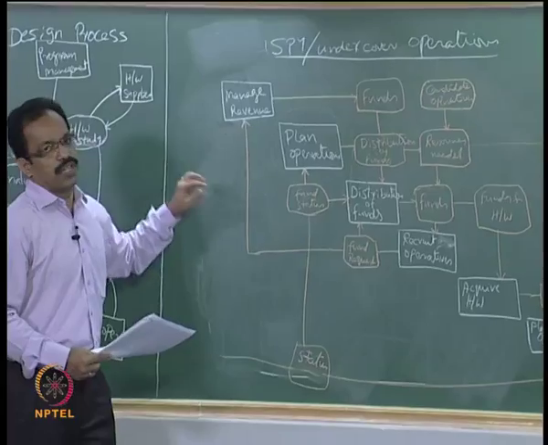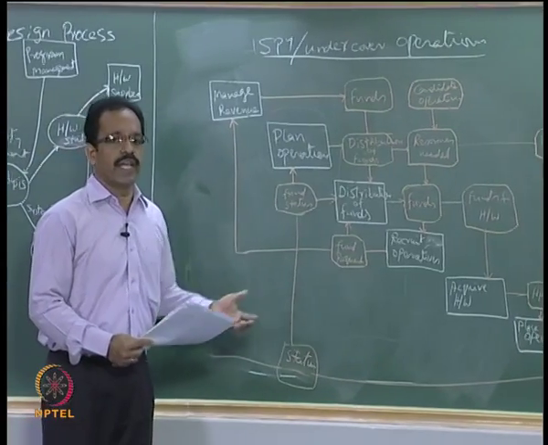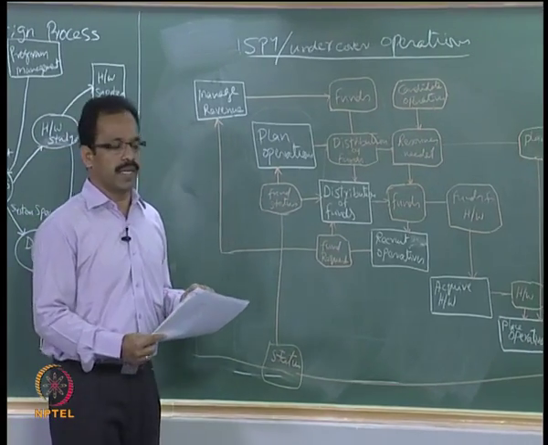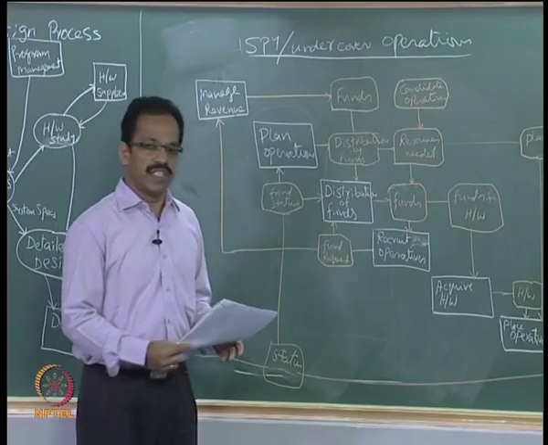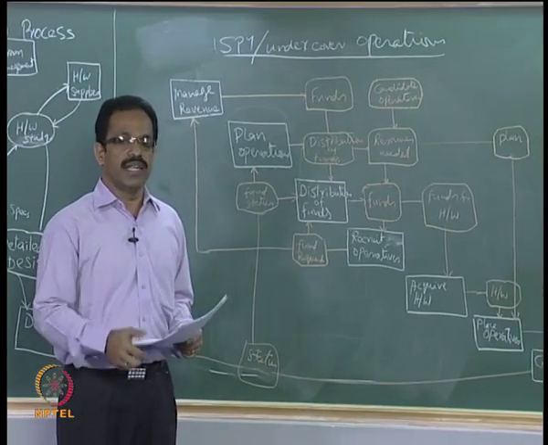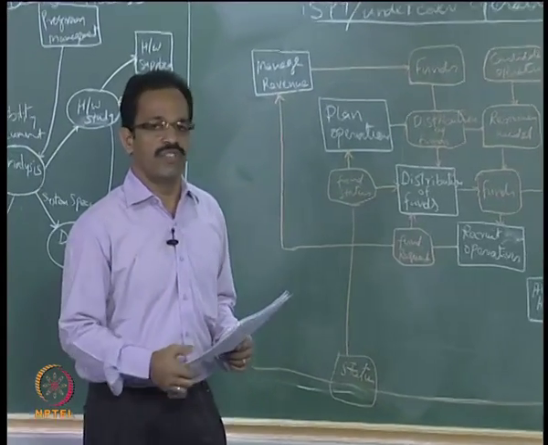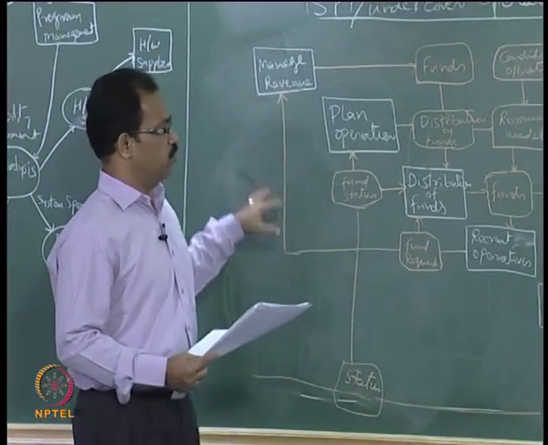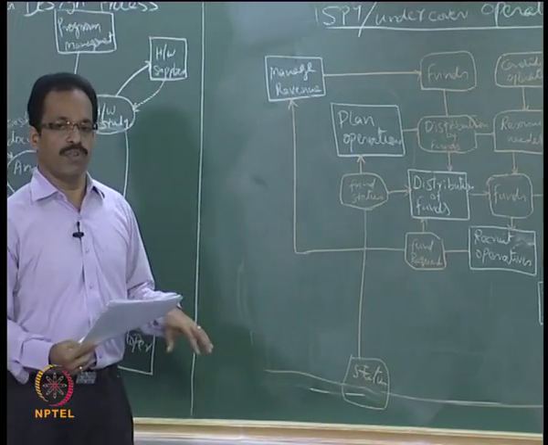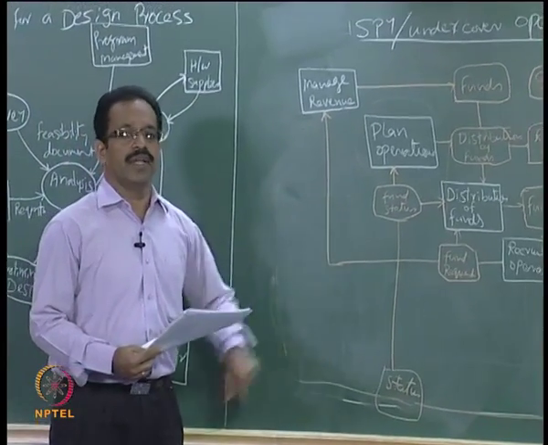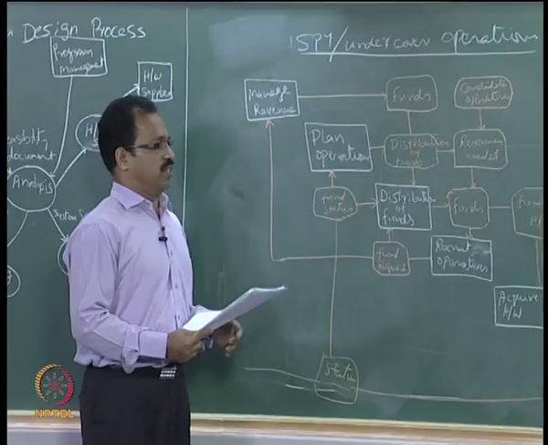So this actually shows the way how N2 diagrams can be used for explaining the interaction between various entities or various functions in a real system, whether it is an engineering system or a social system or a defense system. We can use the N2 diagrams to represent the functional decomposition as well as to show the interaction between these functions.